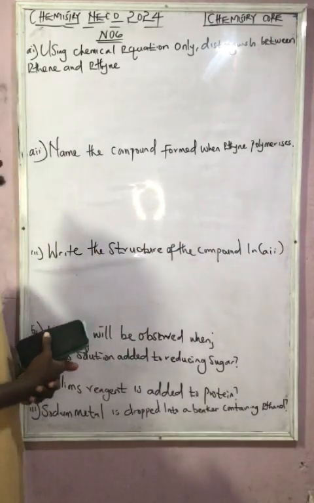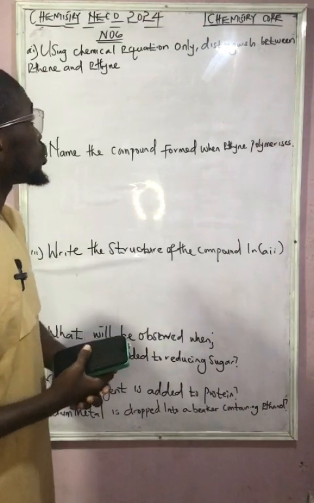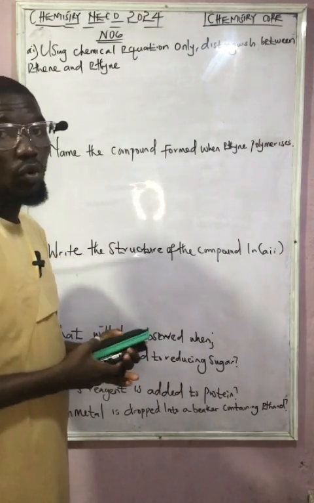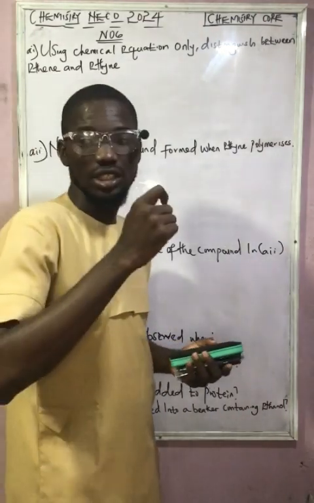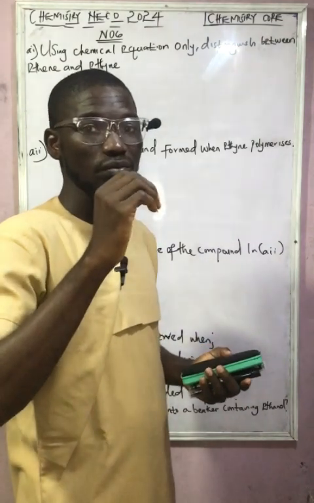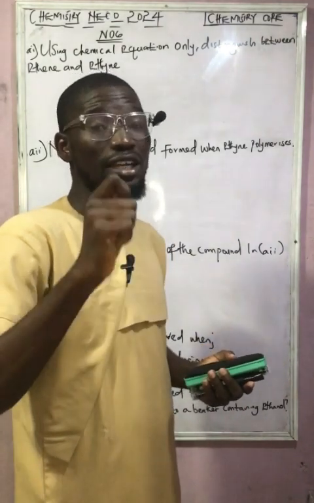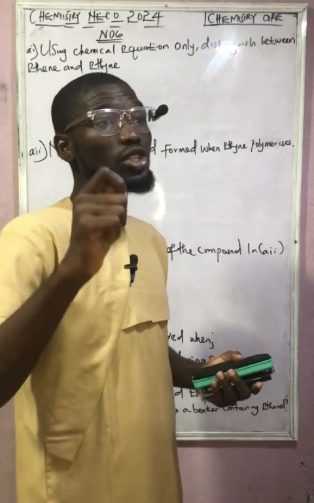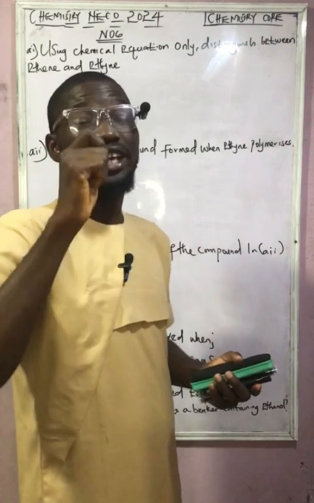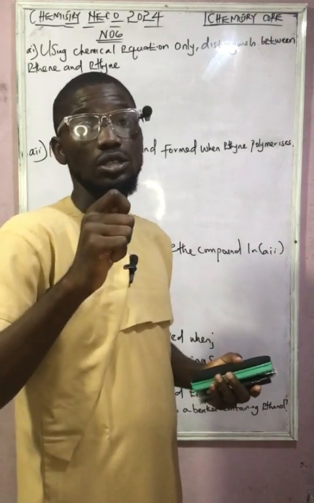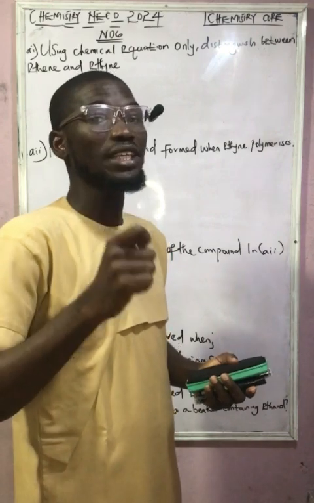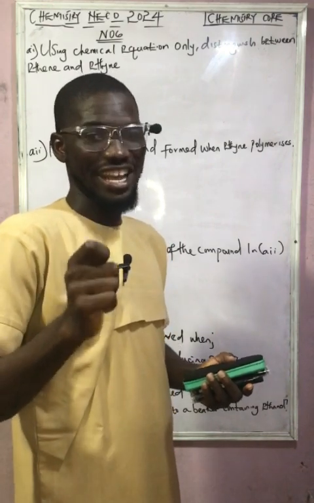The first question goes thus: using chemical equations only, we are asked to distinguish between ethene and ethyne, and for us to do that, we need to write out the chemical formula of each of the ethyne and ethene.